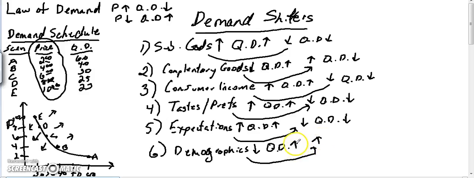If dumb blondes are leaving the market and they're dyeing their hair and getting an education and wising up to the stereotype and doing something to change it, then bubblegum demand is going to decrease. And if more dumb blondes enter the market and there's more of them out there, then the quantity demanded of bubblegum will go up.